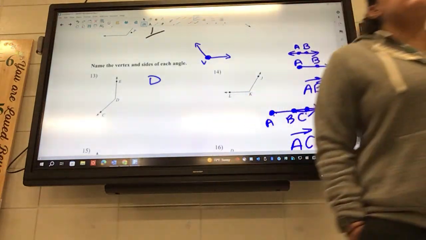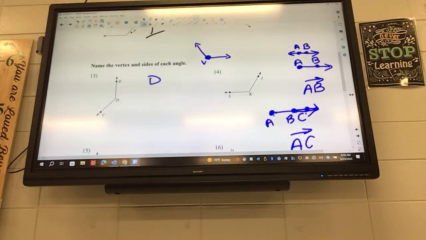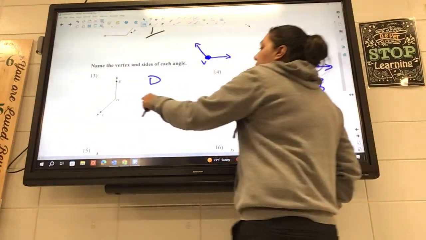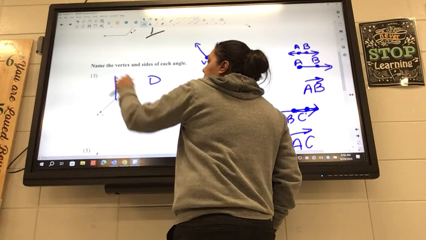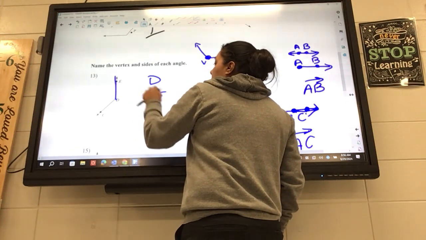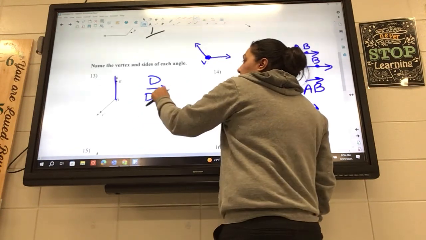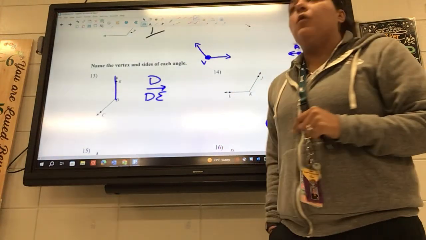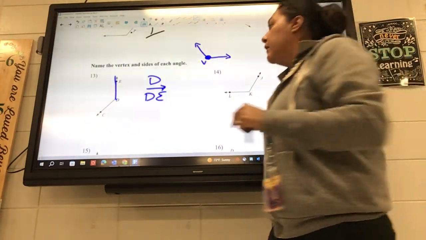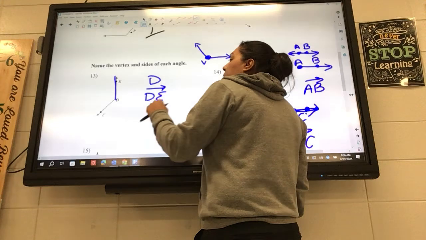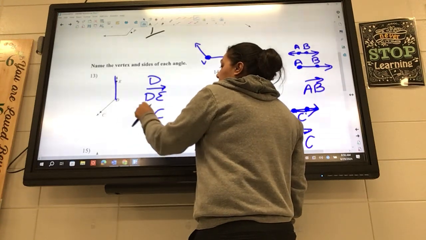The 2 rays are going to be from the vertex through to the arrow. So there are 2 of them. The very first one is going to be this one. So DE. DE is going to be that one, and you have to label it like this. What's the other one going to be? DC.